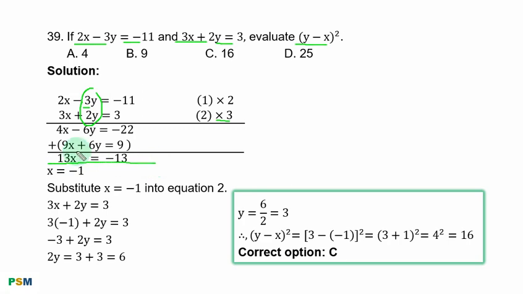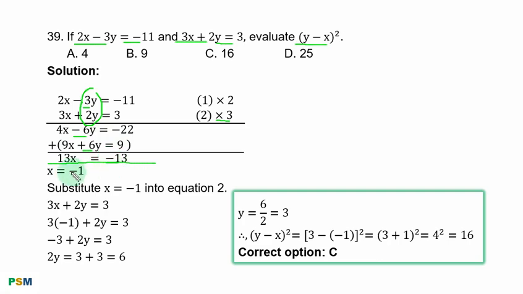In order to eliminate variable y, I need to add both equations so that minus 6y plus 6y is 0, and 4s plus 9s equals 13s, minus 22 plus 9 is minus 13.